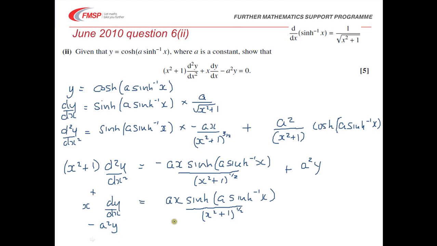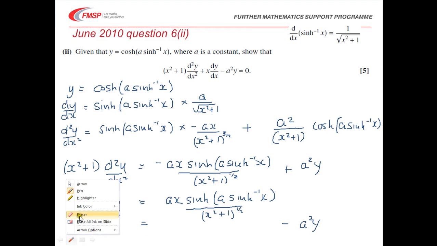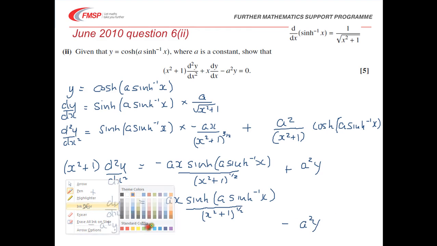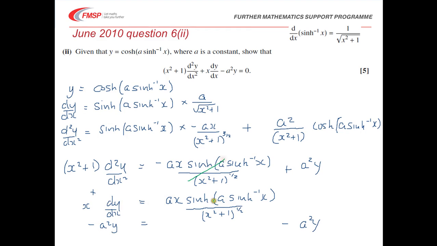So we're having a minus a squared y, and that of course will cancel out over here. If I do it in a different colour, hopefully you can see that this is going to cancel out with that, and that is going to cancel out with that.